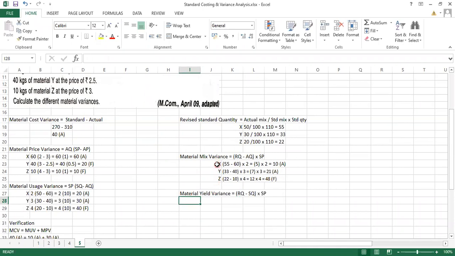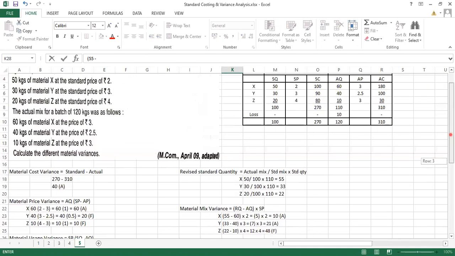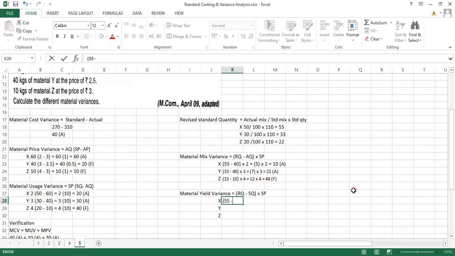Same way, we need to calculate for all these three. Revised quantity we have already found, it's 55. Standard quantity is 50. Standard price is 2. So 5.